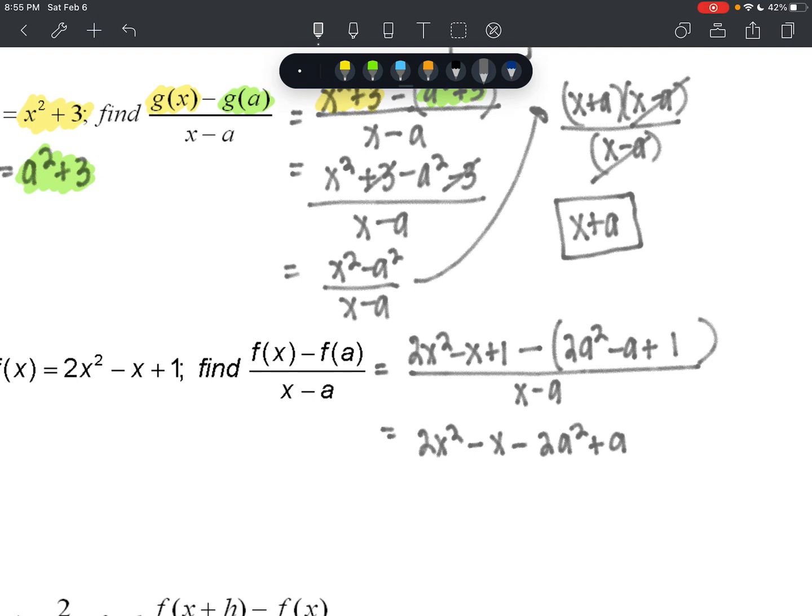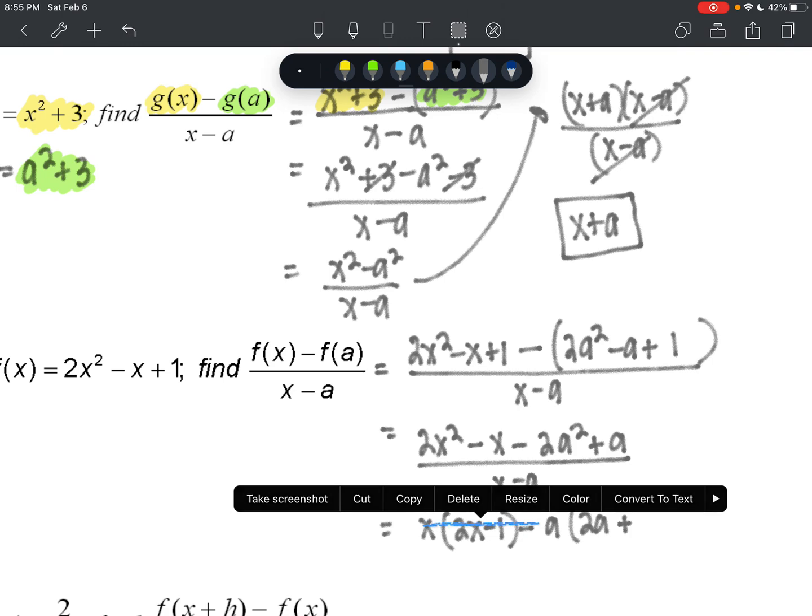The 1 minus 1 cancels, and that's over x minus a. I'm going to factor out an x, and that's going to leave me 2x minus 1. Factor out an a, and that's going to leave me 2a minus 1. I don't think I want to line them up that way.